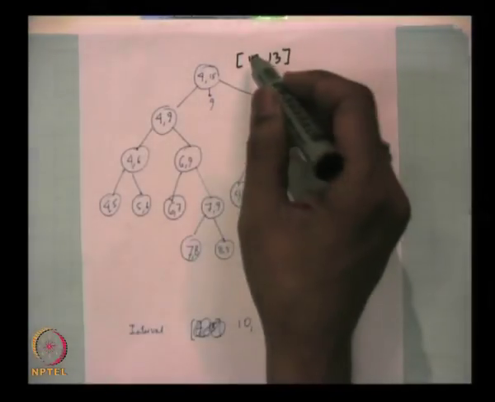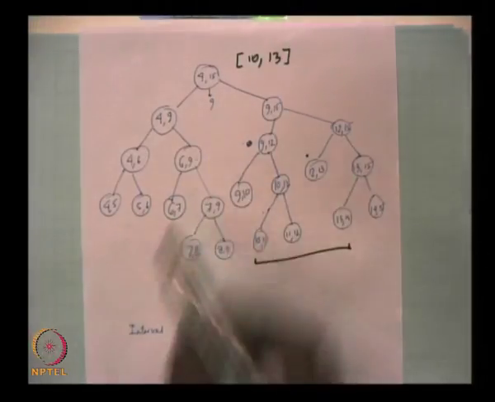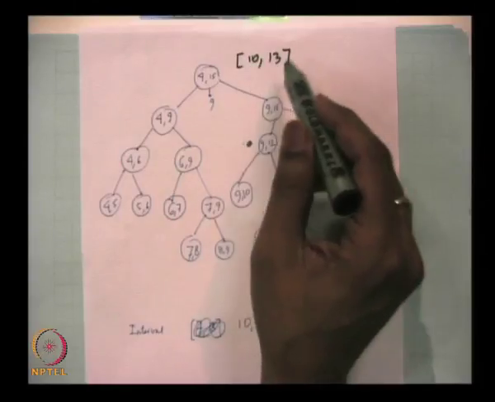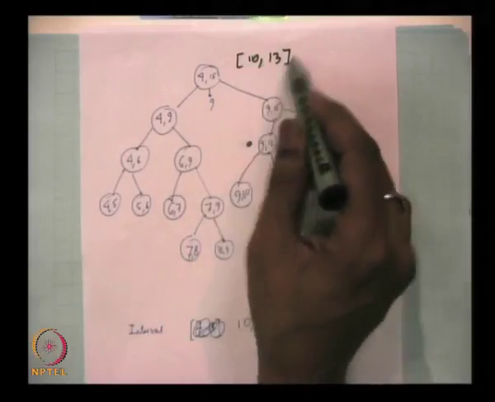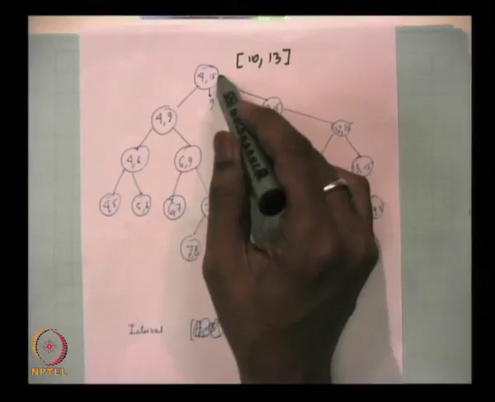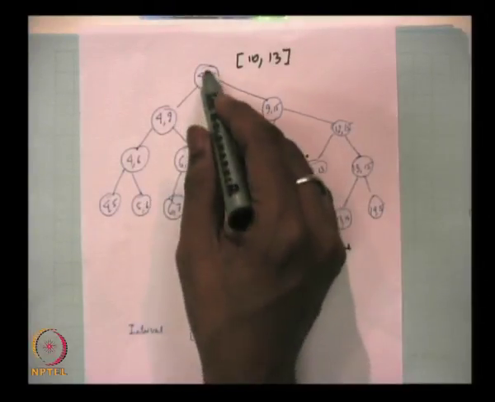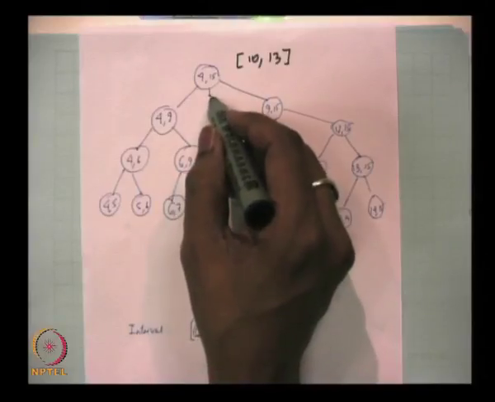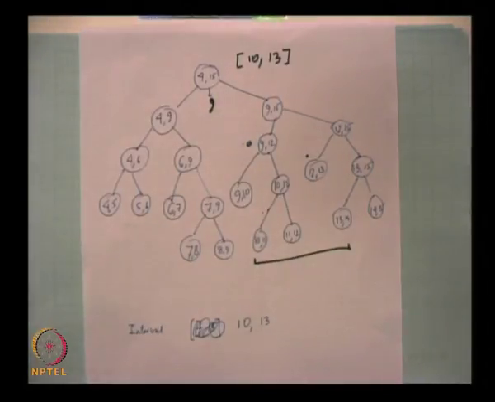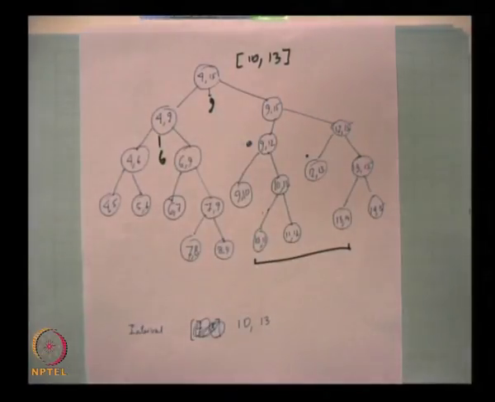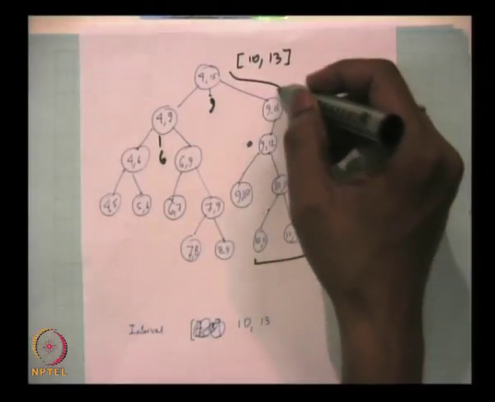This entire interval will lie on the right subtree, because the left subtree only goes up to 9. For every node I store a dividing point. Here it is 9, here it is 6, and so on. Now, this entire interval 10, 13 lies on the right subtree, so we come here.